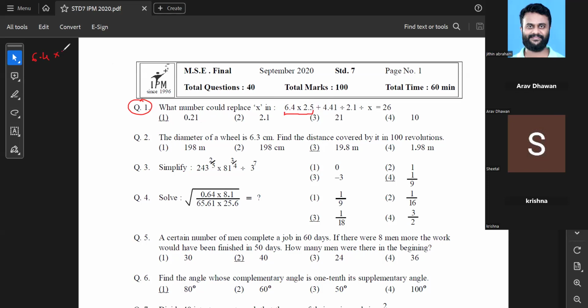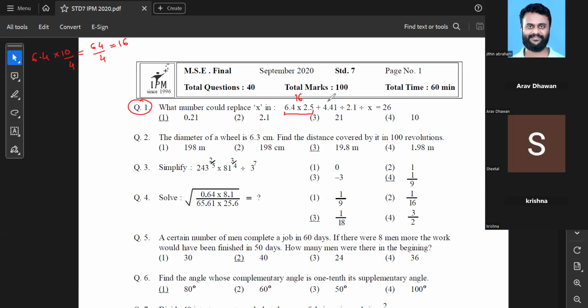Instead of writing 2.5, I can write this as 10 upon 4, because 10 upon 4 is 2.5 only. Why did I think of this? Because when I cancel this 4, this can be written as 64 upon 4, and 64 upon 4 is 16. So I have 16 over here.